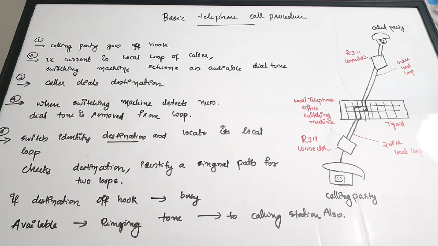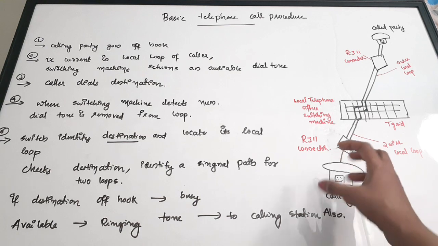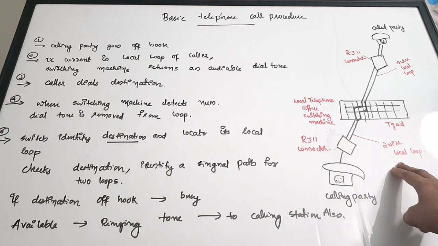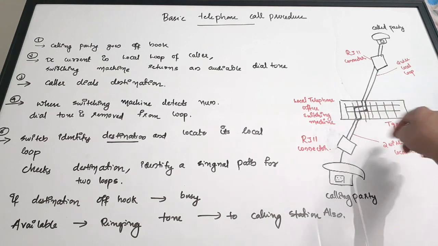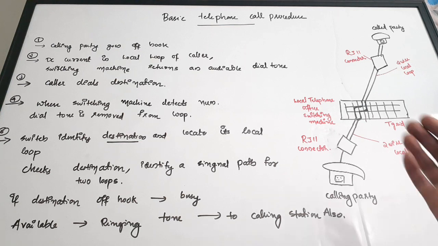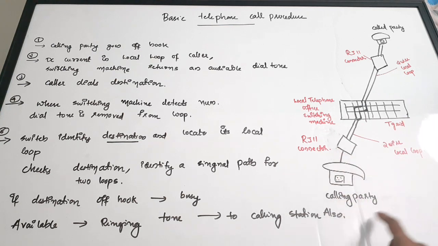When the calling party goes off hook, there will be a DC current in the local loop. The switching machine will identify this DC current in the local loop, and it will return an audible dial tone to this calling party.